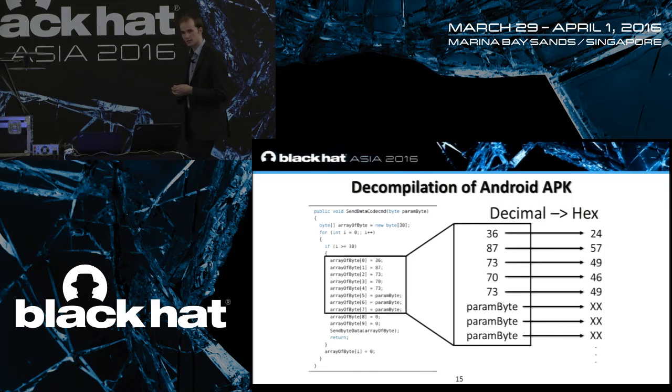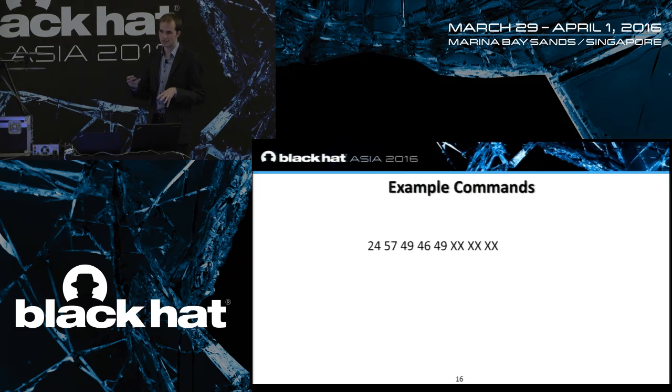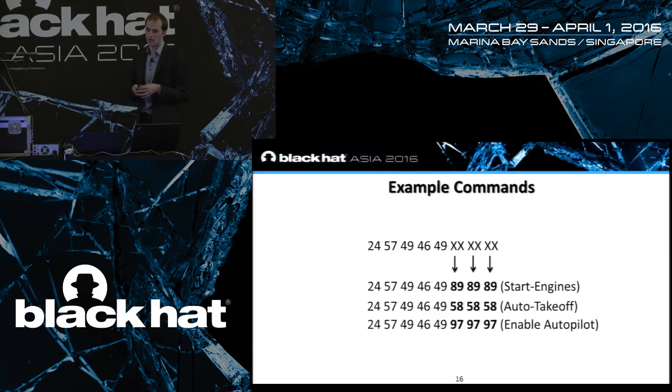This is exactly what you see when you monitor the channel and what you see when you perform the man-in-the-middle attack. So now we were able to map the hexadecimal commands sent through the channel to commands within the Android application, and we knew basically what the commands are. Now you can watch the channel, you can try different features of the UAV, and you will be able to figure out what those features are.